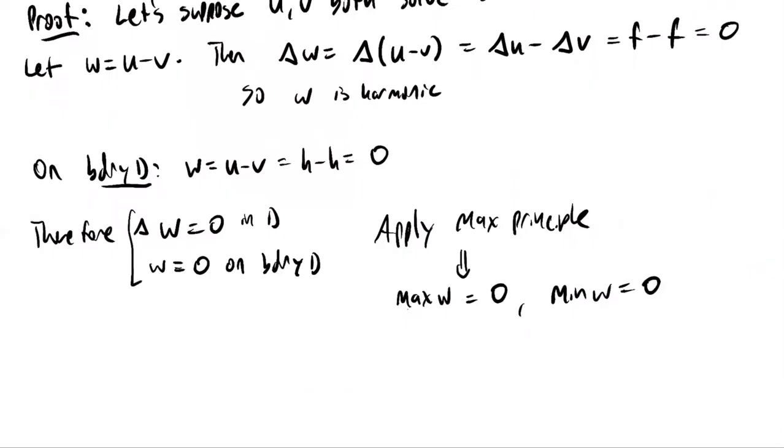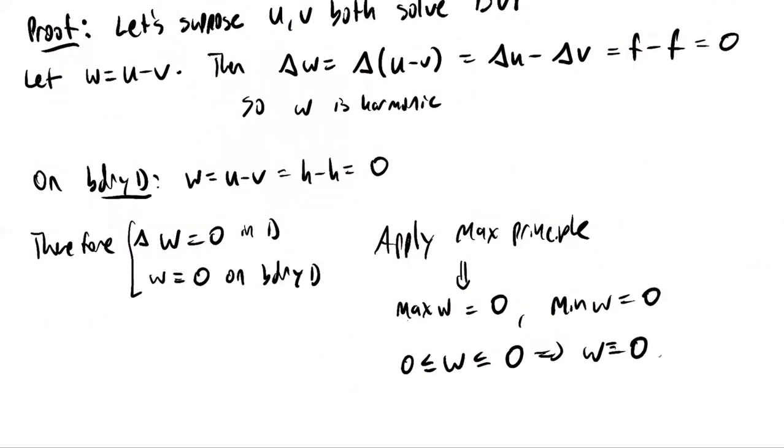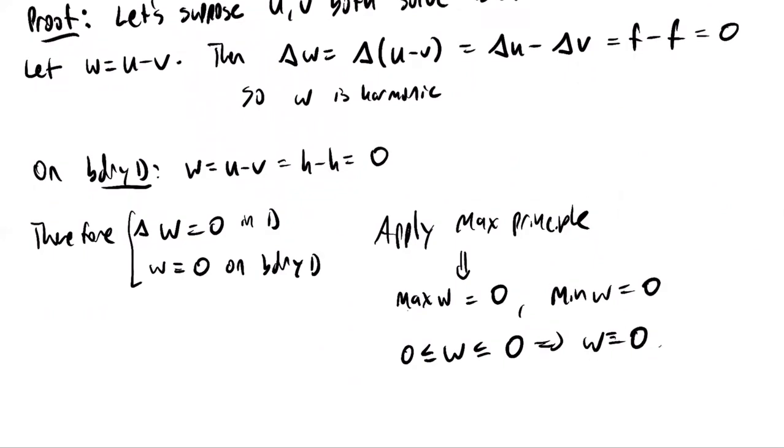So w is always bigger than or equal to the minimum and always less than or equal to the maximum for all points. And so therefore w is identically 0. But since w is equal to 0, that means that at each point, we have 0 by definition of w, 0 is equal to u minus v. And so this implies that u equals v for each point.